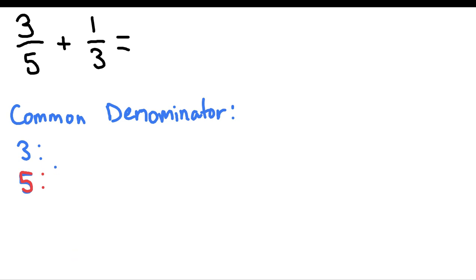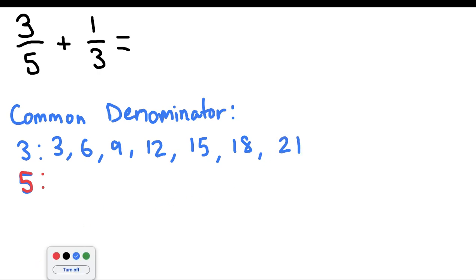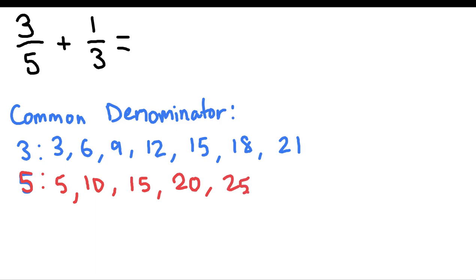We'll start off with 3. We do 3, 6, 9, 12, 15, 18, 21. We'll go till there. And then we'll do the same thing with the 5: 10, 15, 20, 25, 30.